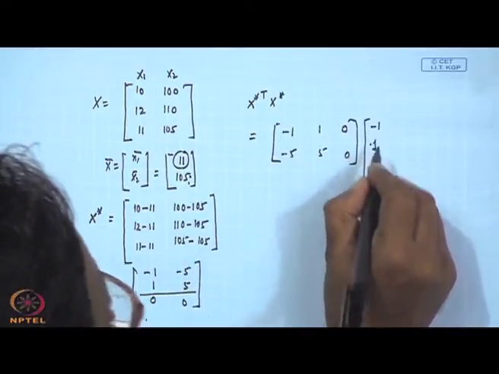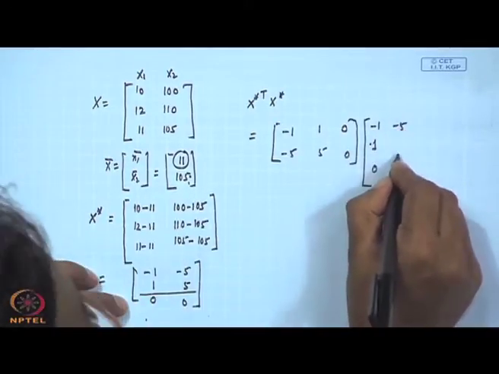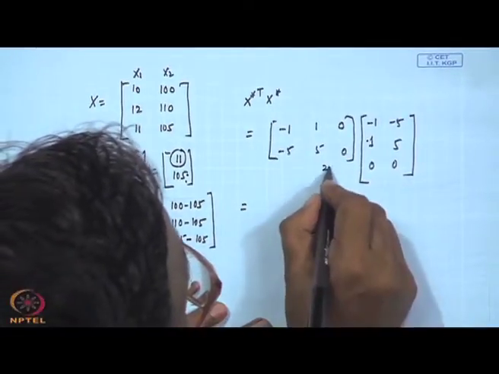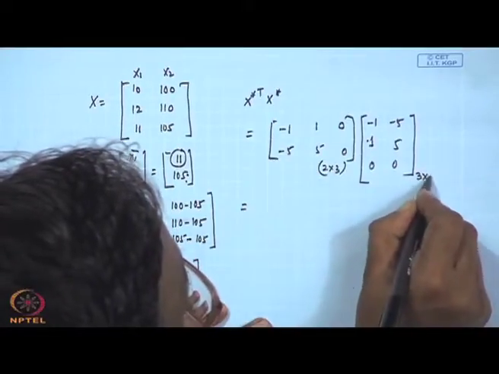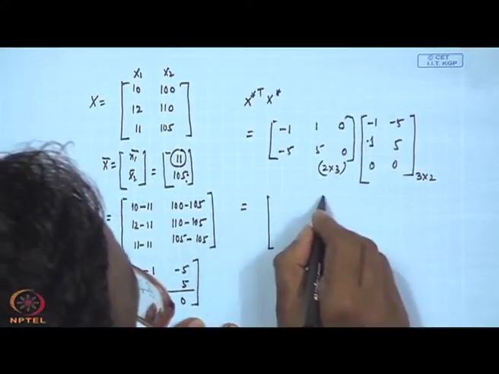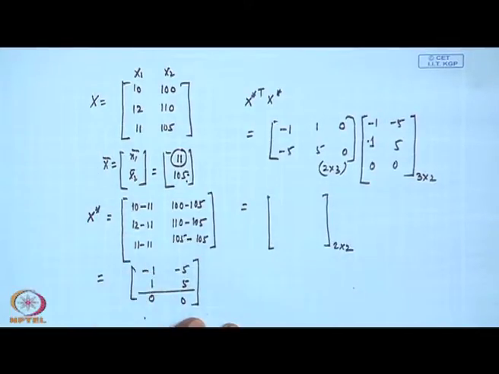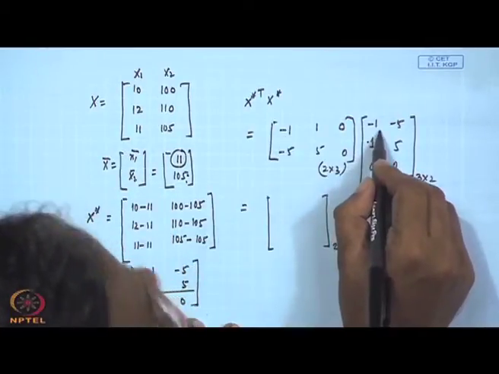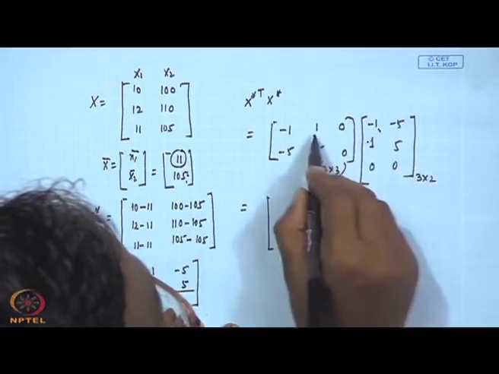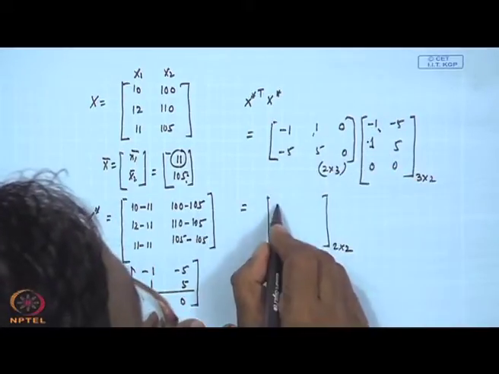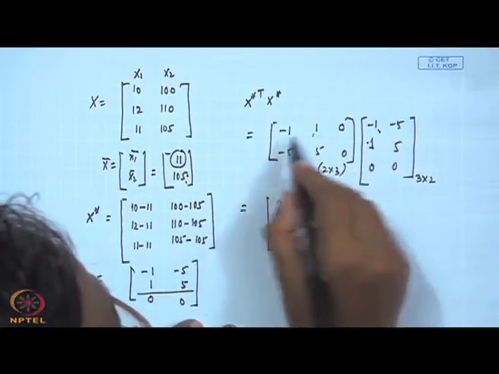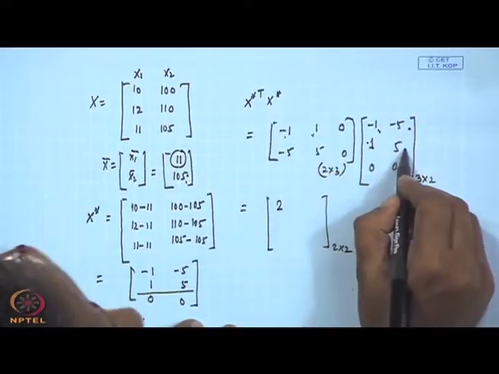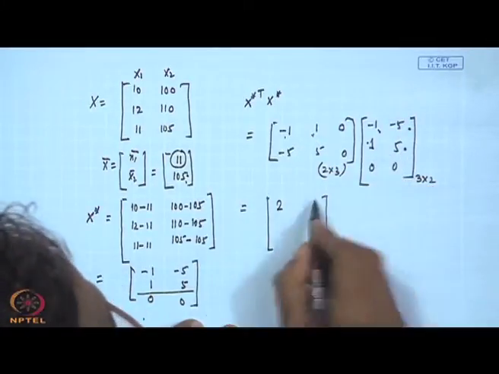This is a 2 cross 3 matrix and this one is 3 cross 2, so we want to get a 2 cross 2 matrix. The first entry is minus 1 into minus 1, that is plus 1, plus 1, plus 0, so it is 2. The next is minus 1 into minus 5, that is 5, plus 5, that is 10.